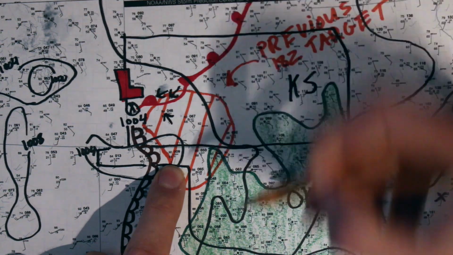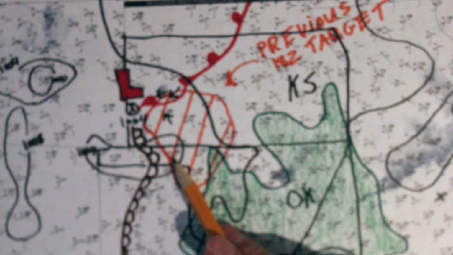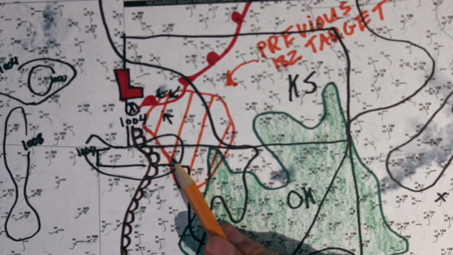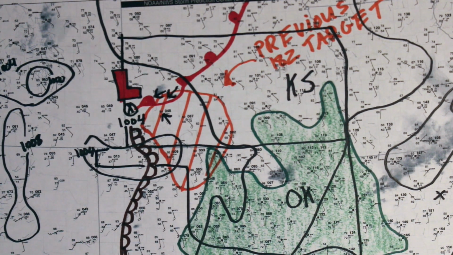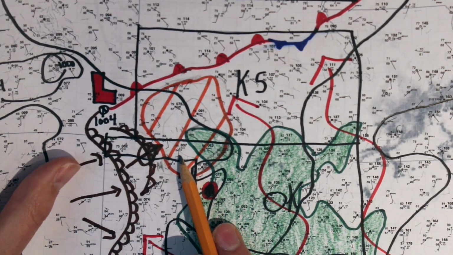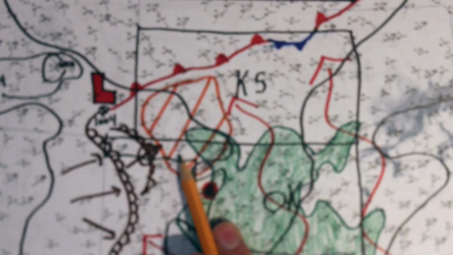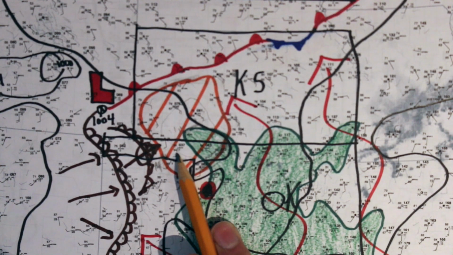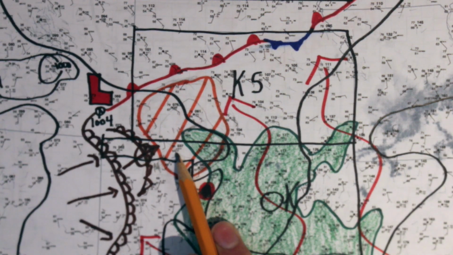Down in the panhandle, we have a 92 over 59. Now we're going to take a look at it. Okay, this station on the 18Z at 1 p.m. was showing 64 dew point.